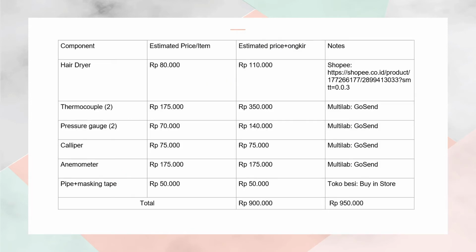And here are the components that are used during the experiment. Basically, we have six main components which are listed in this table, and on the right is the estimated price that is got from a Shopee store and from Multilab Jogja.